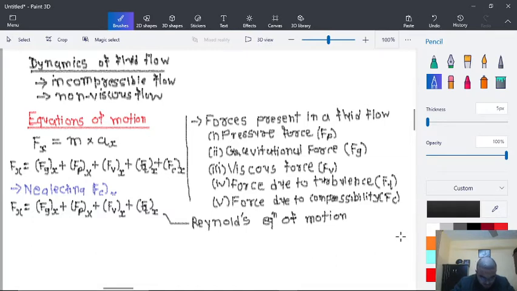Then let's neglect force due to turbulence.